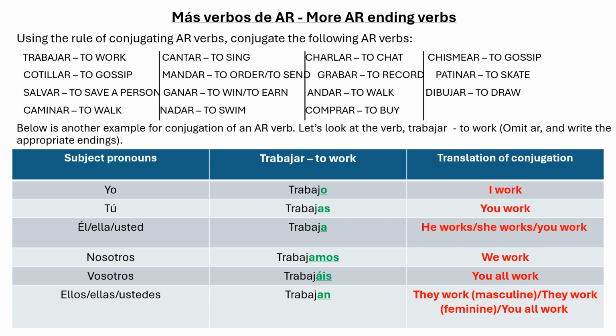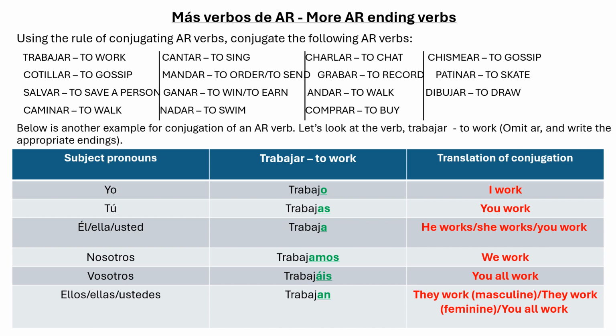So this is the conjugation of verb trabajar. We have done verb hablar and trabajar conjugations together. You can take some time, pause the video, and write the conjugations for these verbs. Or you can do this exercise once you finish watching the whole video.